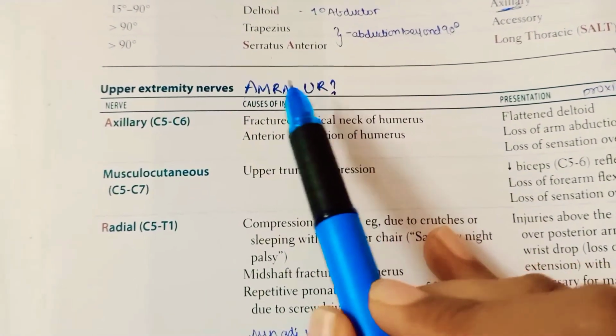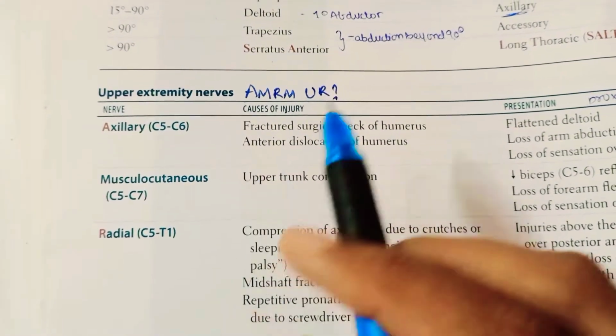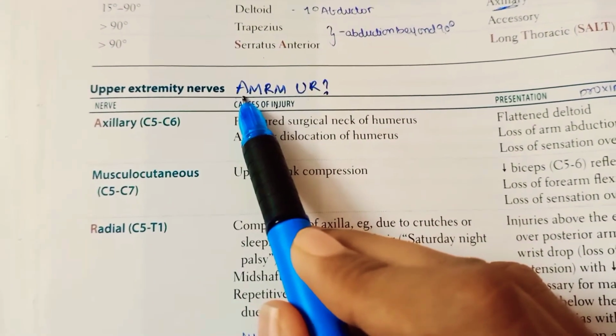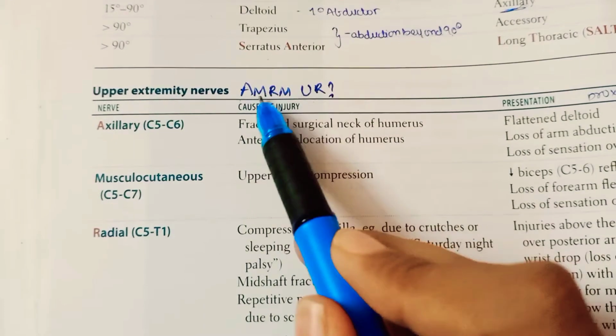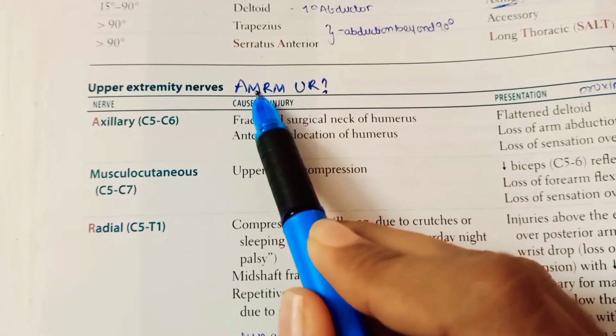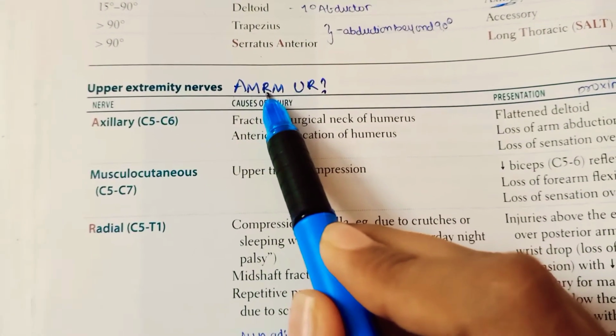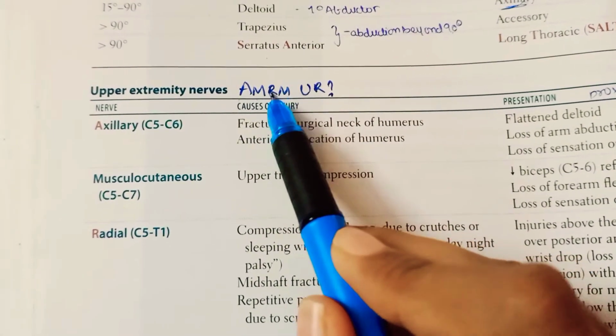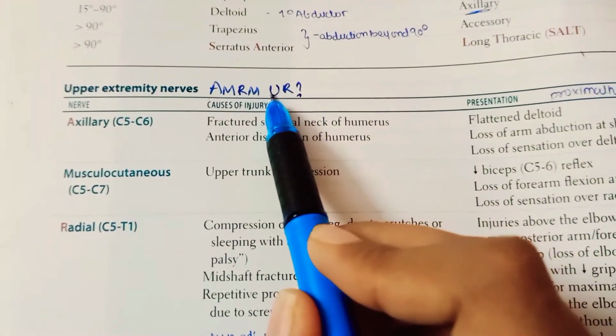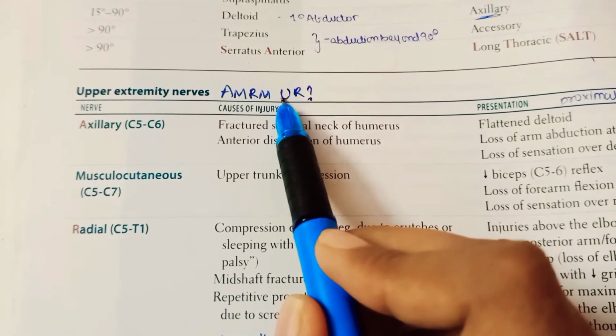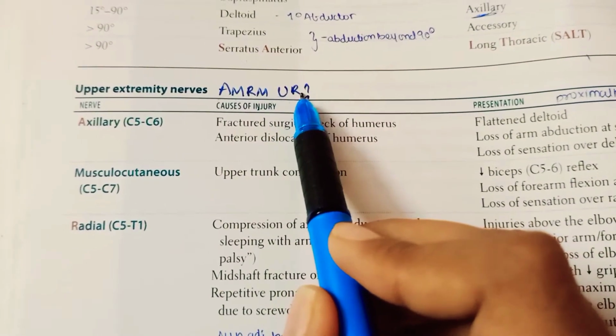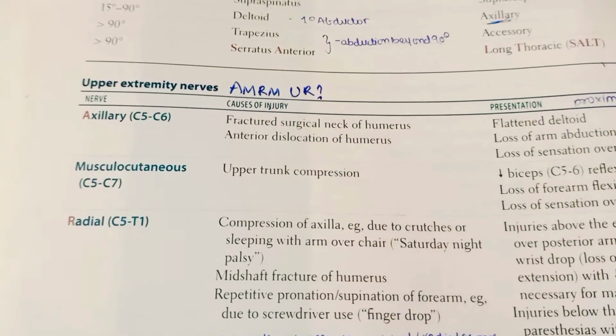Because if you remember this, you can also remember the nerve roots easily. For example, axillary is C5 to C6. After C6 you'll get C7, right? So musculocutaneous is C5 to C7. Next after that you'll get radial, C5 to T1. The same for median also. And next comes ulnar, which is C8 to T1. And the recurrent branch of the median nerve is C5 to T1.